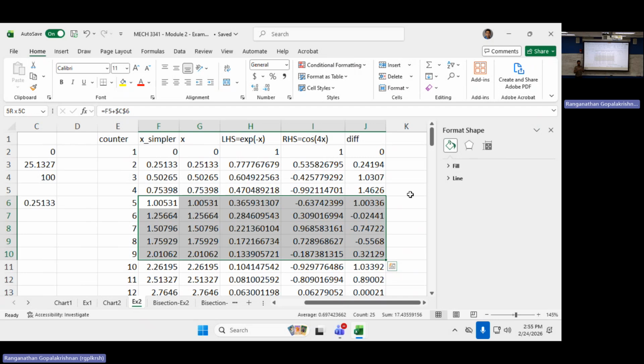If you want to step in terms of 0.25 as your step length, you can get to within 0.25. You can't get any closer. You can't say whether it's 1.30 or 1.35. You can say it's 1.25. The next stop is only 1.50.